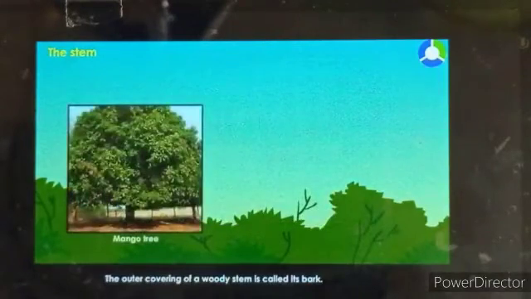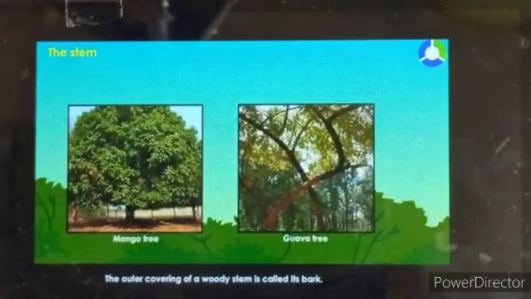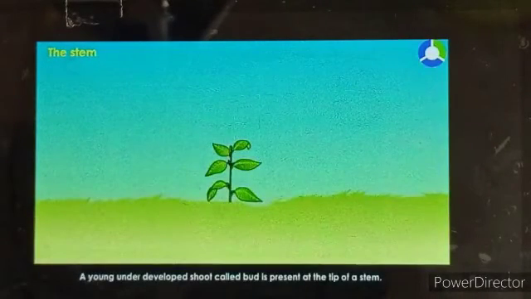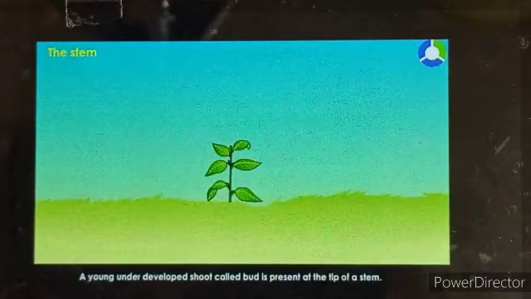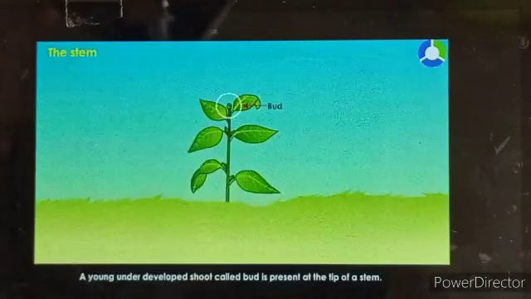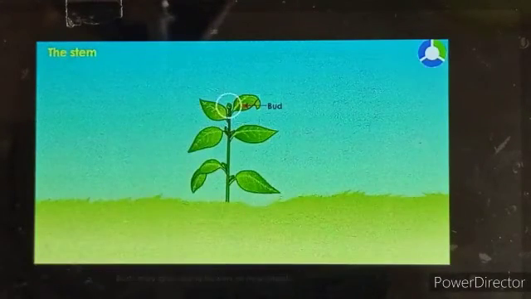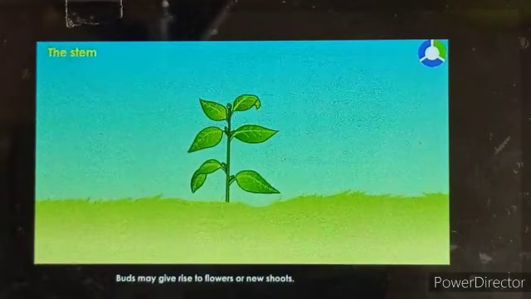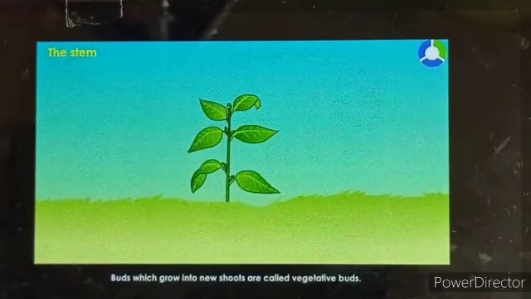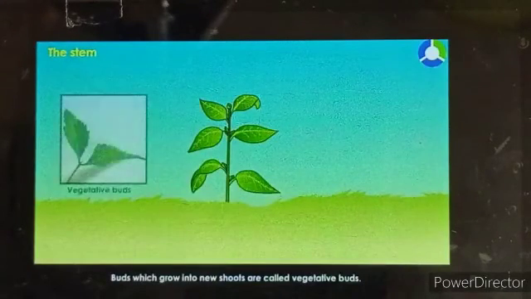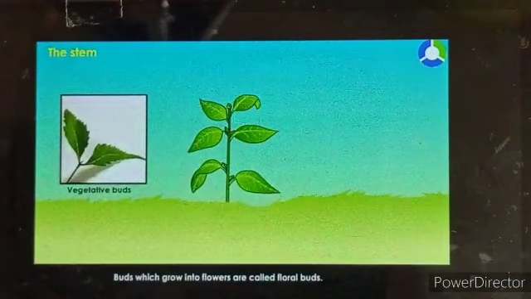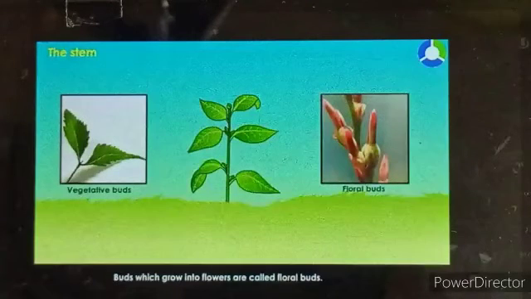Example, mango, guava, etc. A young undeveloped shoot called bud is present at the tip of a stem. Buds may give rise to flowers or new shoots. Buds which grow into new shoots are called vegetative buds. Buds which grow into flowers are called floral buds.